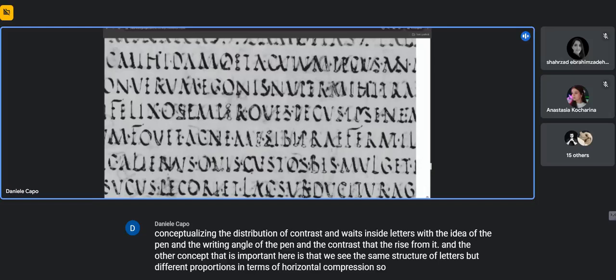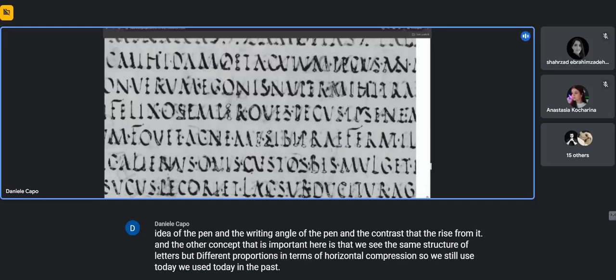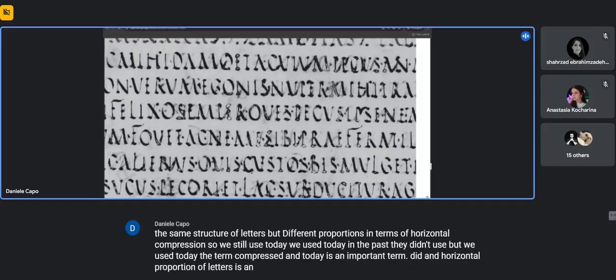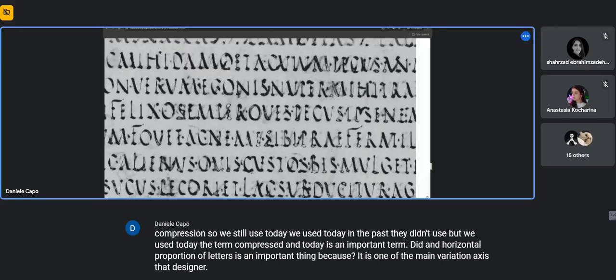So we still use today the term compressed. And horizontal proportion of letters is an important thing because it is one of the main variation axes that designers use today.